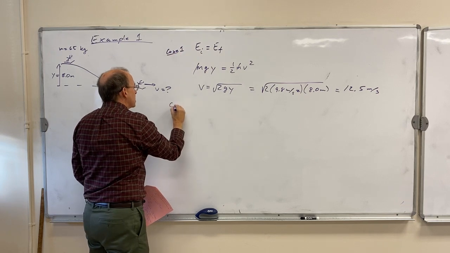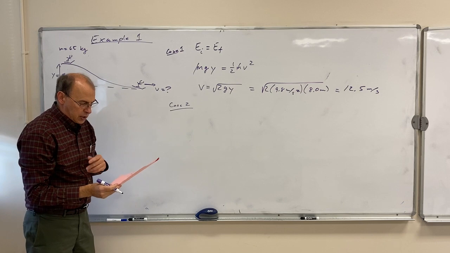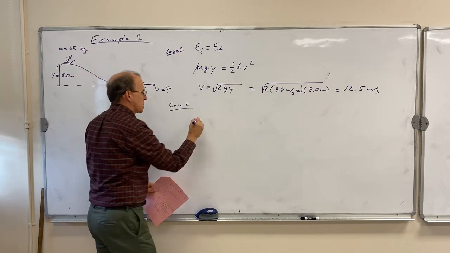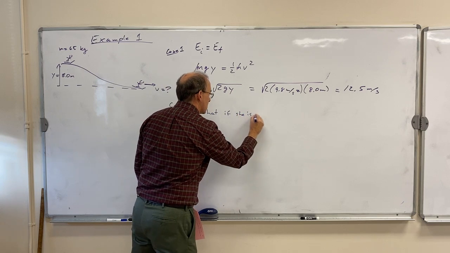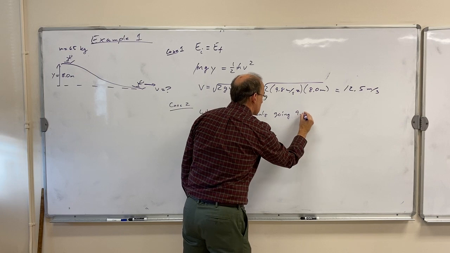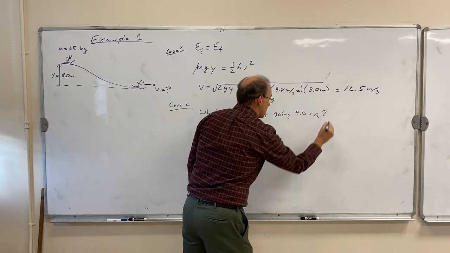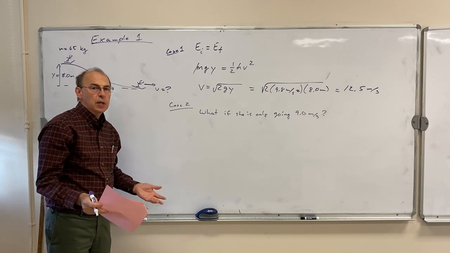Case 2. What if you discover at the bottom that she was only going 9 meters a second. That means some energy went some other place.